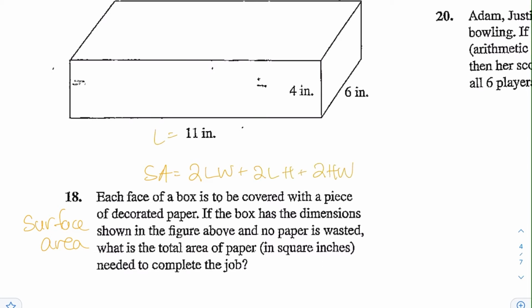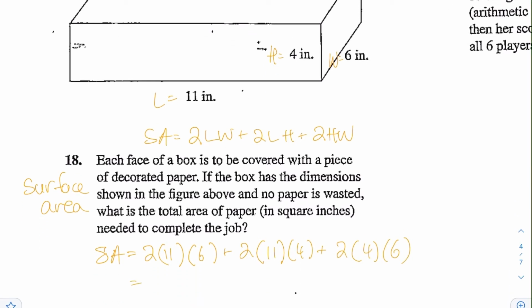So length is equal to 11, height is equal to 4, and width is equal to 6. All I have to do is substitute in. So that's 2 times 11 times 6 plus 2 times 11 times 4 plus 2 times 4 times 6.